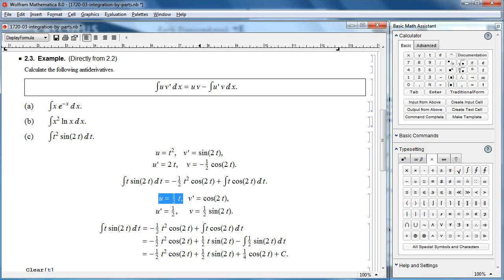U is 1/2 t, v prime is cosine, and then just follow through the derivative and then the antiderivative. Put everything into this formula for integration by parts, uv minus integral of u prime v, and we get the final integral, and this is a simple integral.